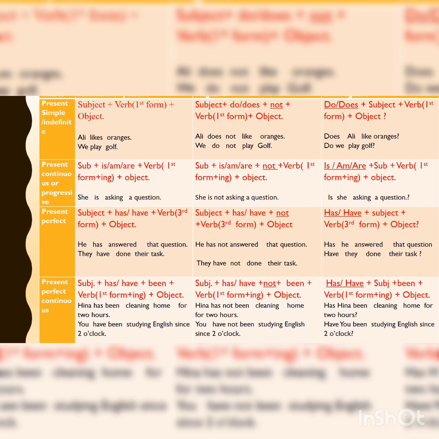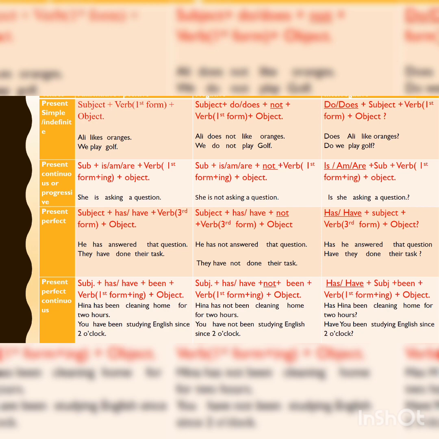The last aspect is the present perfect continuous. In present perfect continuous the structure in an affirmative sentence is subject plus has/have plus been plus first form of verb plus ing plus object. For example, Hina has been cleaning home for 2 hours. You have been studying English since 2 o'clock.